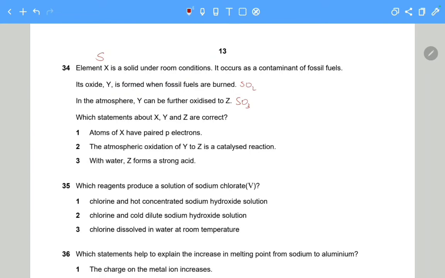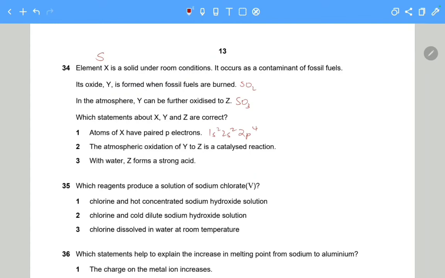Atoms of X have paired p electrons. So sulfur will have the same electronic configuration as oxygen. Let's write the electronic configuration for oxygen: 1s2, 2s2, and 2p4. Right.